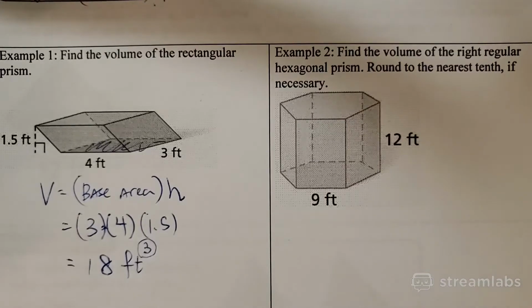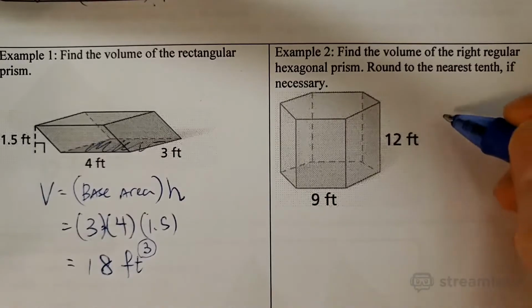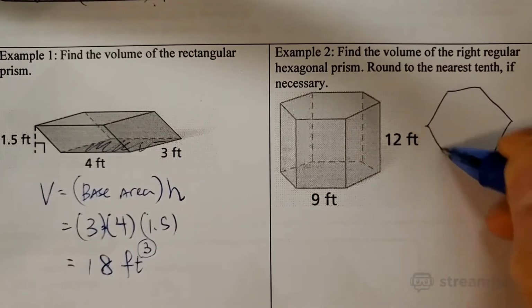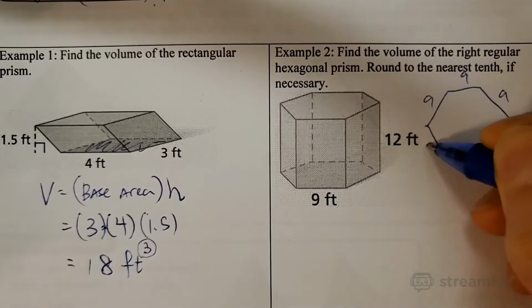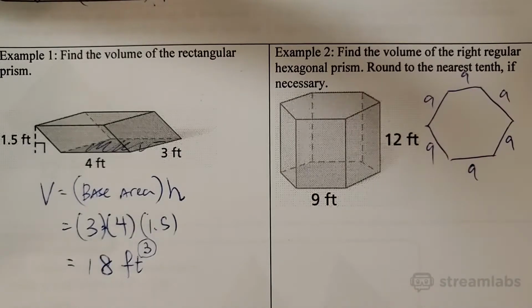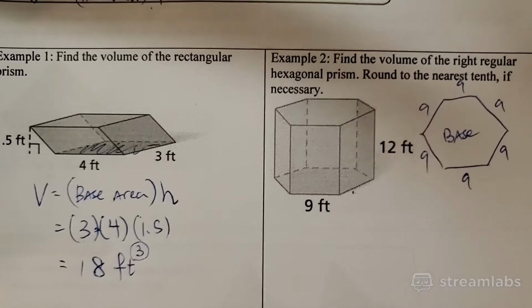Alright, so the next one is a hexagonal prism, right? It's a regular hexagonal prism. So that means the base is a regular hexagon with 9 feet side length. Now, that's the base, right? So in order to get base area times height, you need to find the base area.